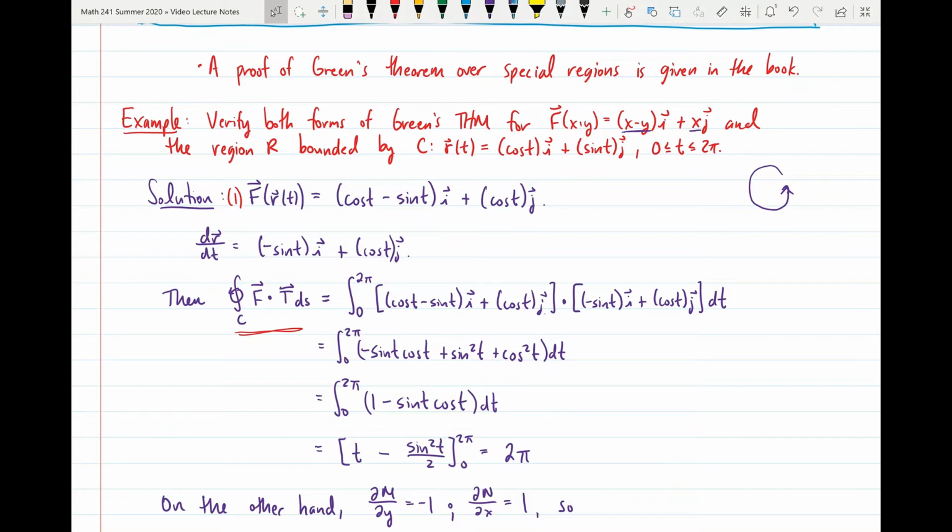Then we'll do the same thing for the second formulation of Green's theorem.